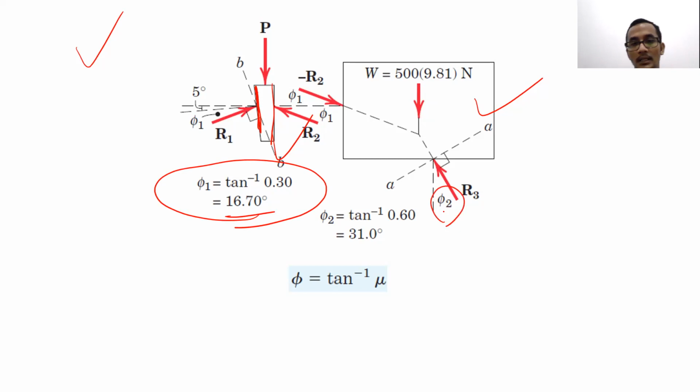Here, phi 2 depends on the friction coefficient of that part, which is 0.6. So phi 2 is arctangent of 0.6, which is 31 degrees. So the results are supposed to be more or less the same.